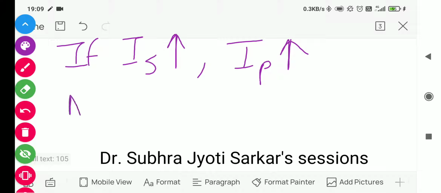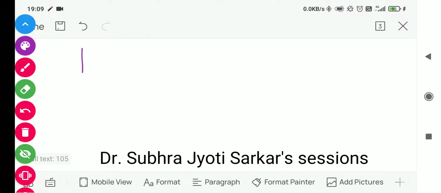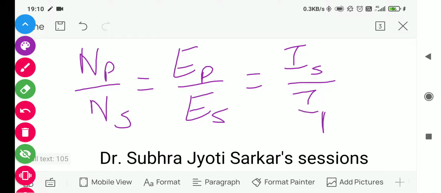This implies NS into IS should be equal to NP into IP. So from that we could say that NP by NS is equal to EP by ES, that is equal to IS by IP.